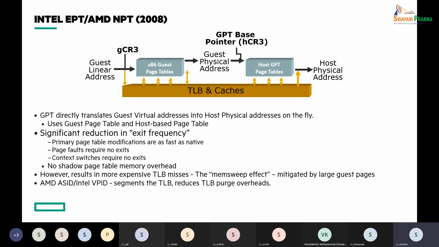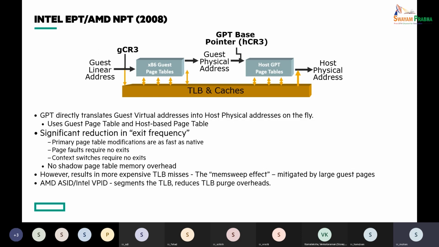So what the VMM had to do is set up this host CR3 kind of mapping to be able to do the translation from guest physical address to the host physical address. It's a kind of hierarchical thing where you do one level of translation from the guest linear address to the guest physical address, and then the host CR3 takes care of the second level of translation. But like in a standard page table design, all this happens within the hardware, so it's a hardware walk.